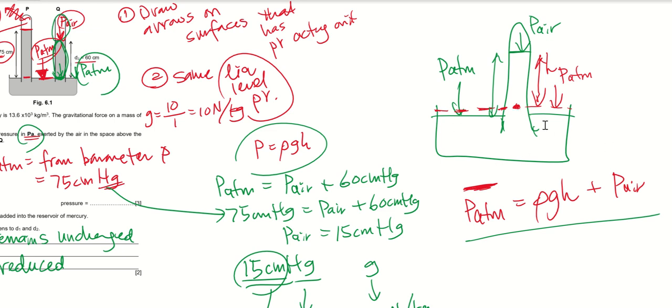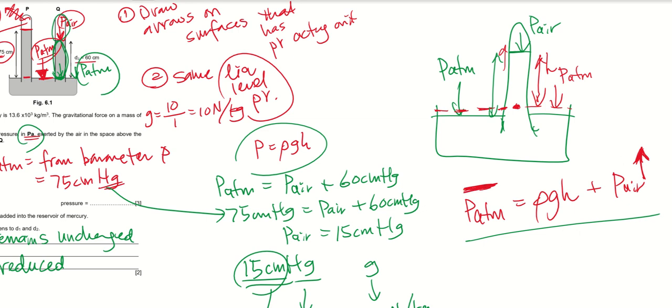That means by right, this mercury should go higher up. But when it goes higher up, I am compressing my air. So my air pressure is increased, because there is lesser volume, less space. We are compressing the air, so the pressure of air increases.